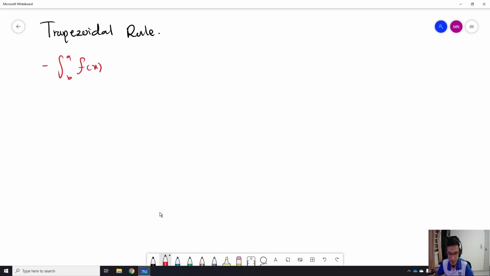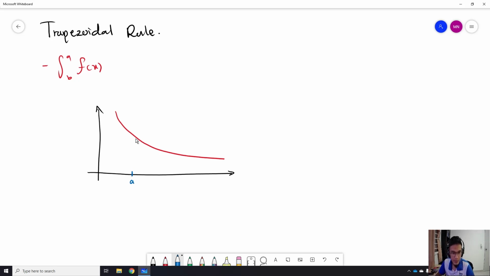Okay, so let's say we have a graph over here. This will be the shape of the graph. This graph will start with A. Let's say we mention right over here is A. So A will have a point on the graph, and this will be the y naught.